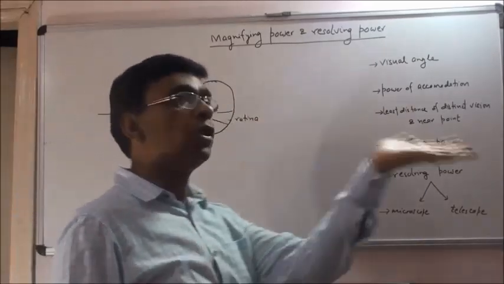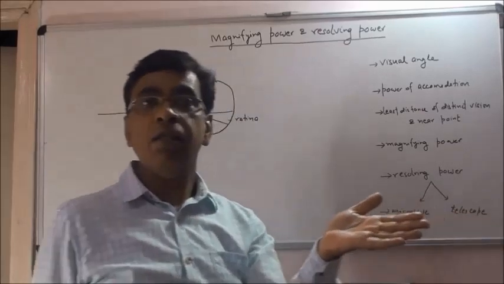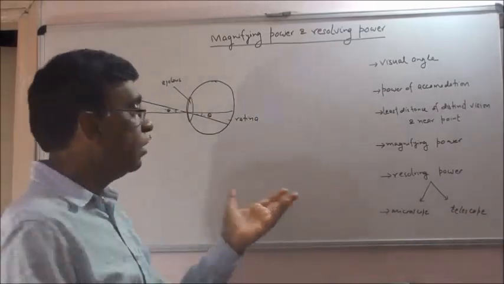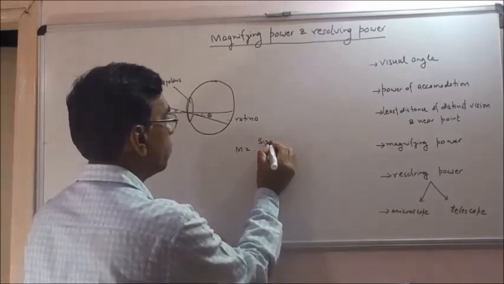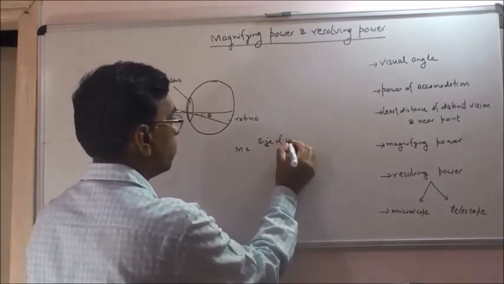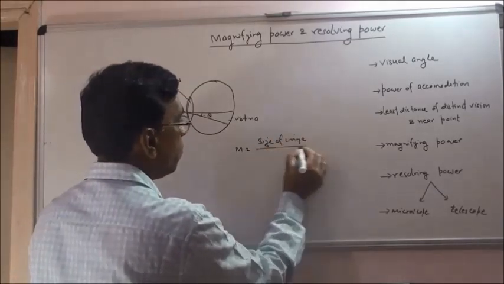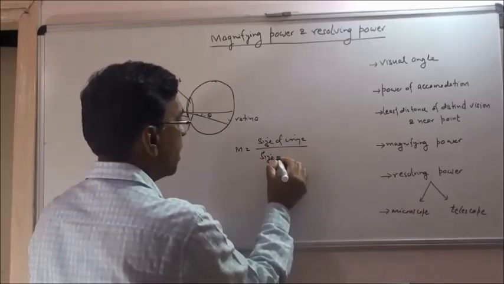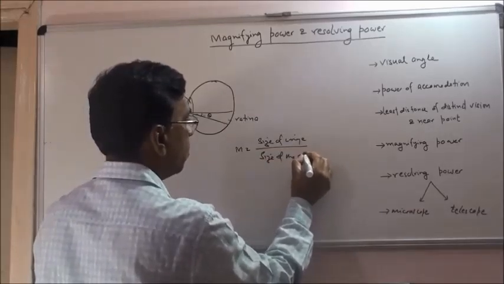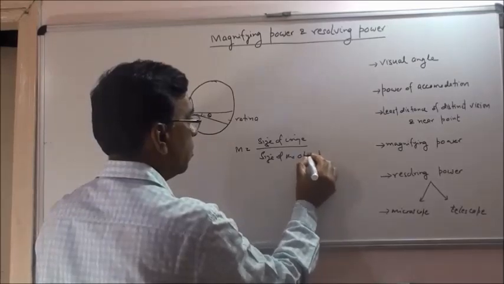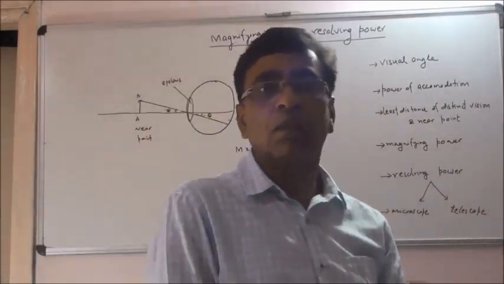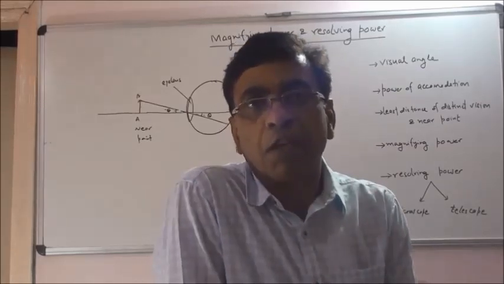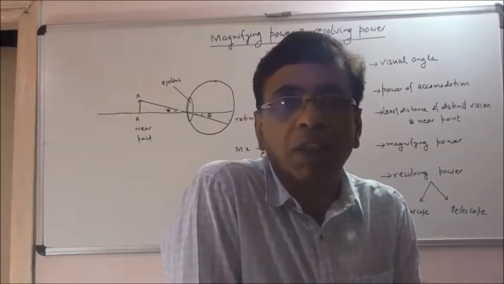Now if I use any instrument and the image is magnified, then the size of the image upon size of the object. This we have done for lenses. This is how we define magnification, size of image upon size of object.